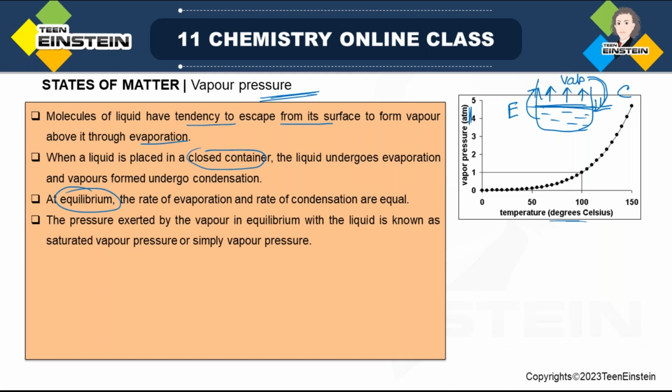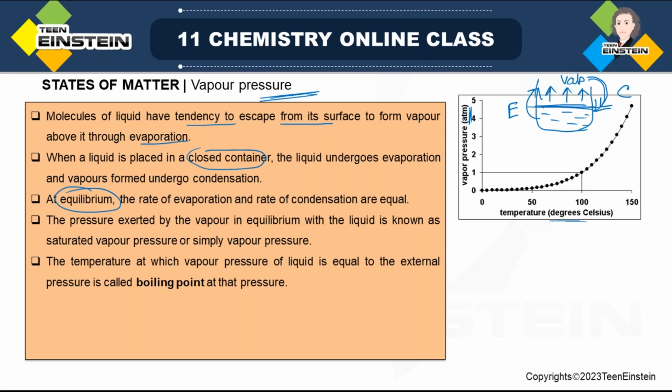So this pressure which is exerted by the vapor when it is in equilibrium with the liquid, remember, only in equilibrium condition, not at any condition, is known as saturated vapor pressure, or sometimes simply vapor pressure.